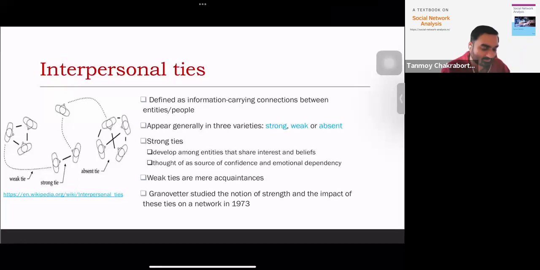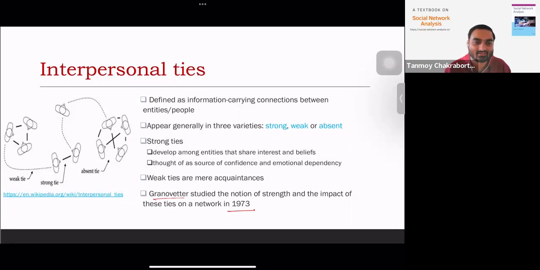Now, there was a very interesting experiment in 1973 by Granovetter. He's a very famous social scientist, and he did exactly this experiment. He focused on a particular group of people who had recently changed their jobs, called all those persons, and asked who helped them move from their old job to the new job, right?